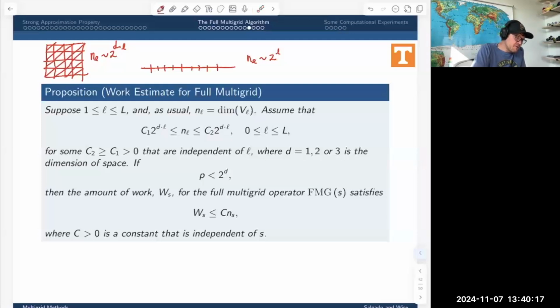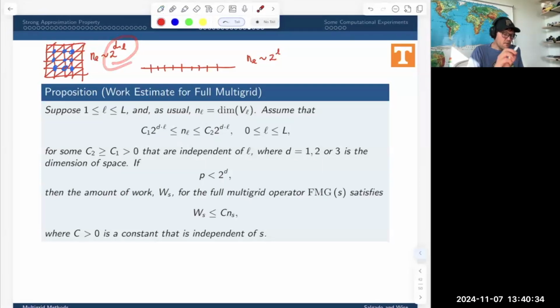Remember, the number of nodes that are free, you count them this way, number of interior nodes. And here there are only going to be 9. But asymptotically, they grow like this parameter.